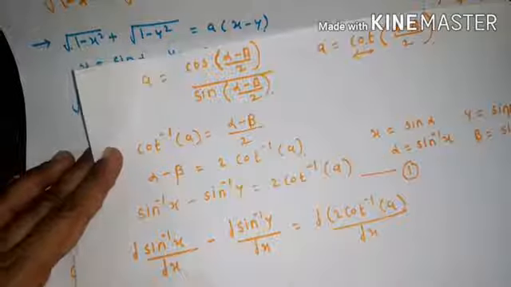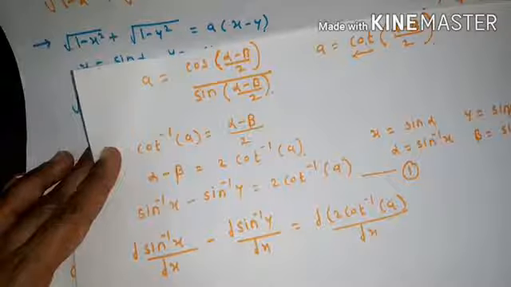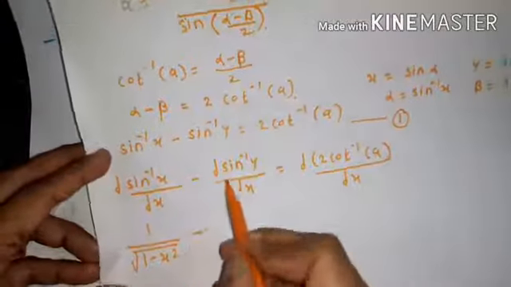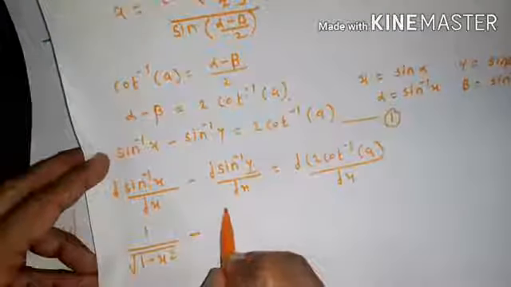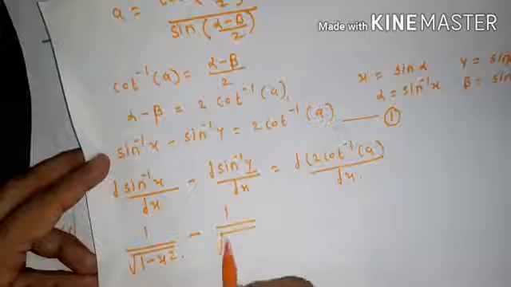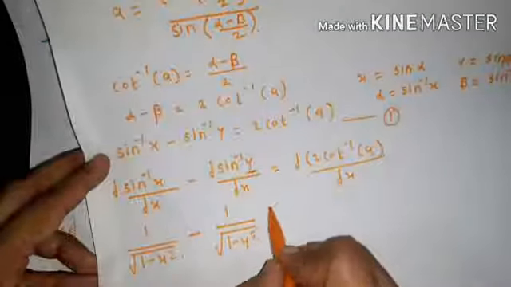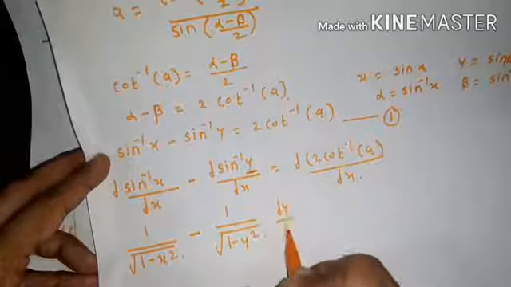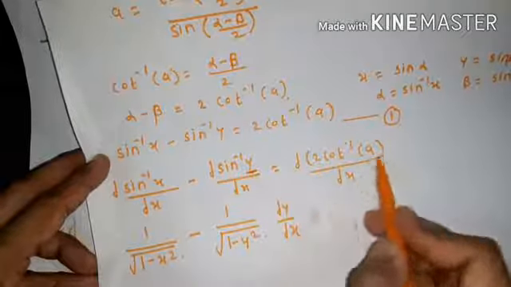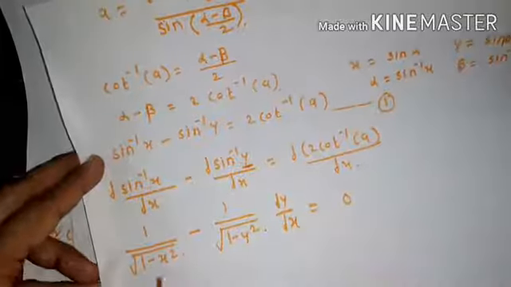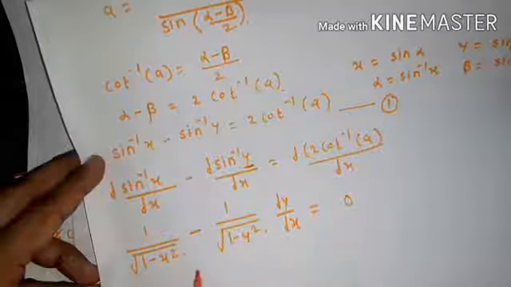So differentiation is 1 upon square root of 1 minus x square, minus 1 upon square root of 1 minus y square, and differentiation of y with respect to x is dy by dx. This is a constant term, its differentiation is 0.